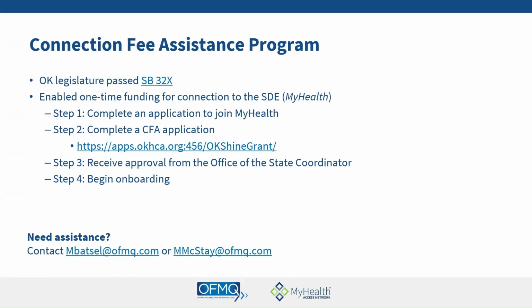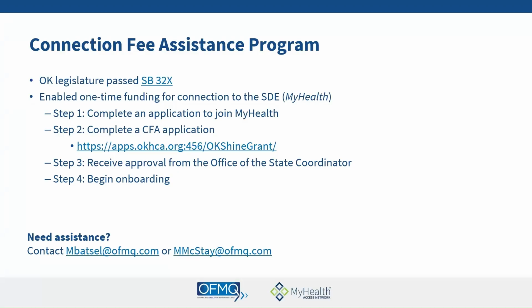Step 2, after filling out the application to connect to My Health, is to complete the Connection Fee Assistance Program application. This is what would allocate money from the state for you to be able to connect to My Health. If you try to fill out the CFA application and haven't filled out a My Health application, that link will take you to the My Health page.